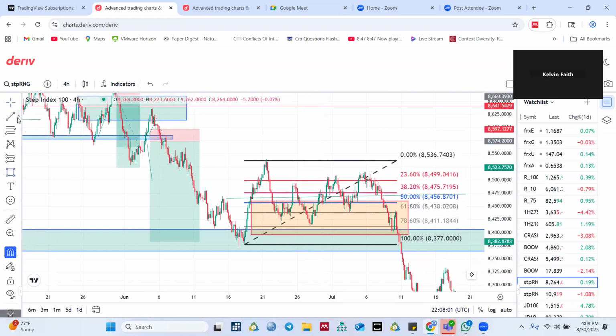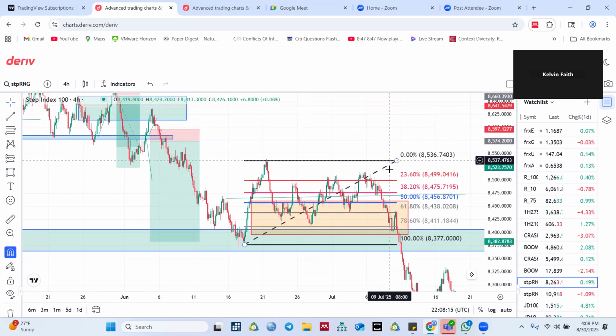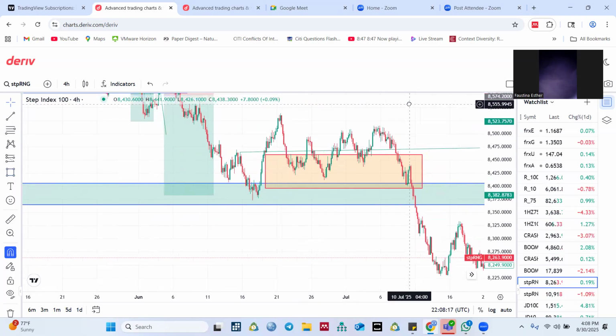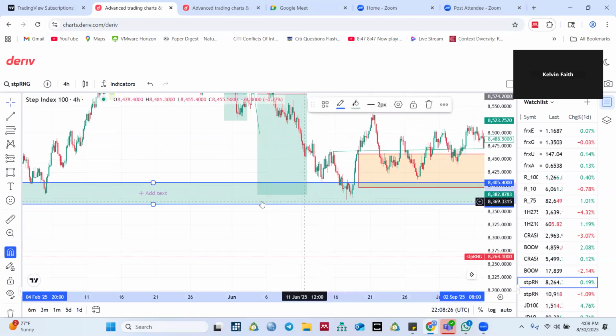But let's notice, it does not give us a new break of structure or a second break of structure. This is the indication that if you keep holding buys, you will fail. But even if, let's say, you keep holding buys here, the moment you see price break below, that's it.